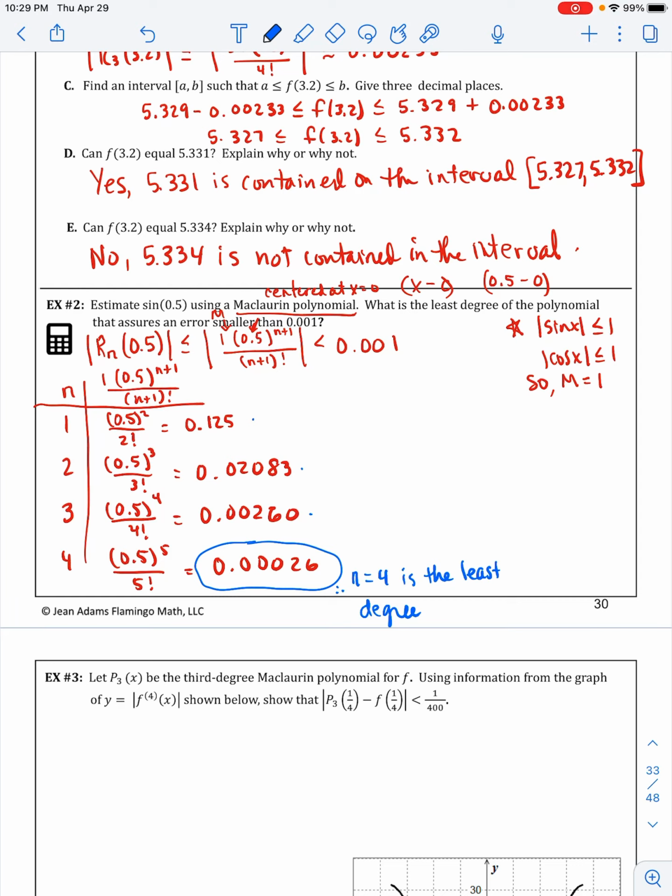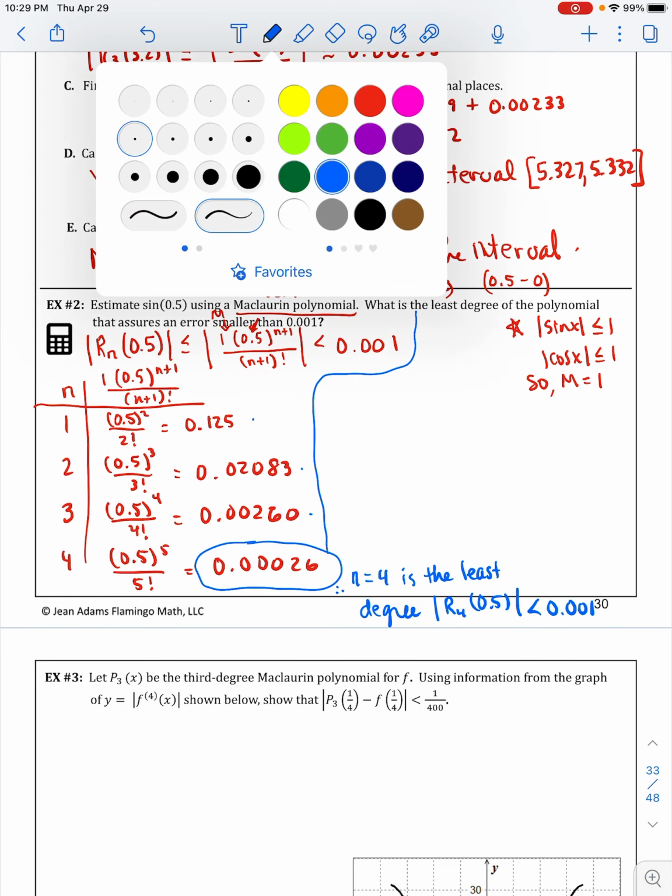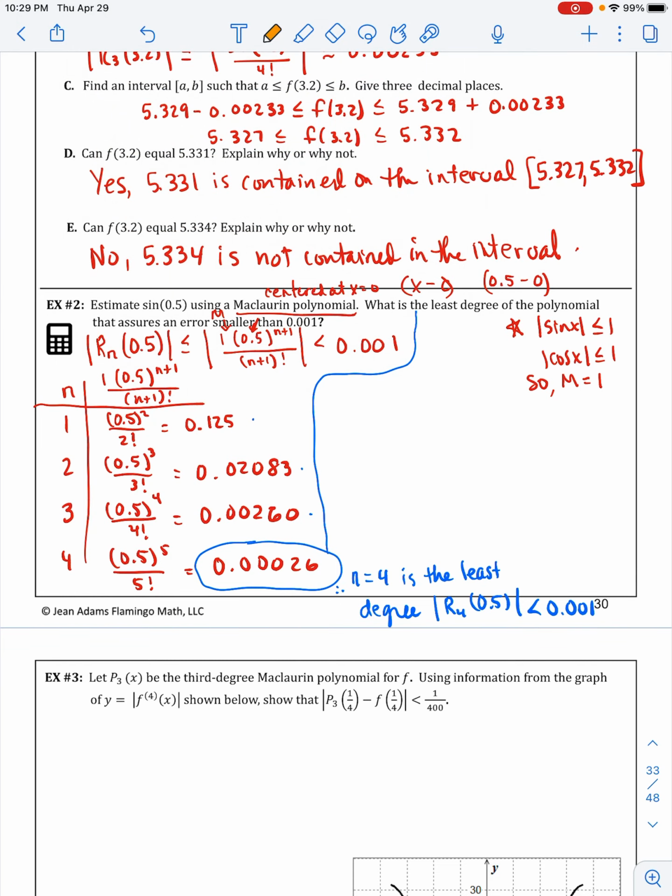I'm going to say, therefore, n equals 4 is the least degree such that the absolute value of R sub 4 of 0.5 is less than 0.001. Okay, that was one way to do the problem.